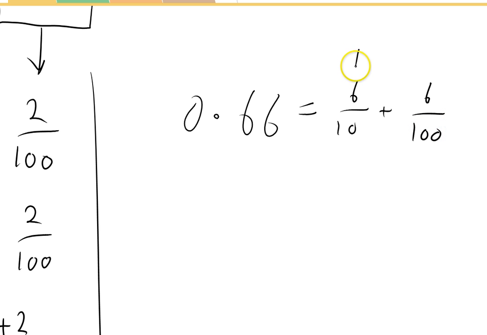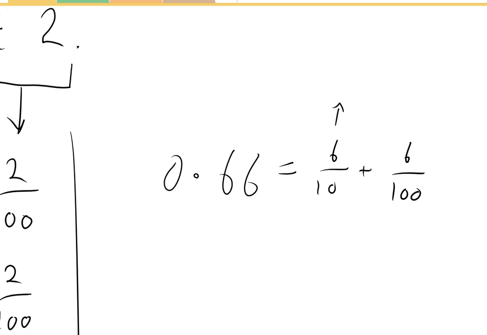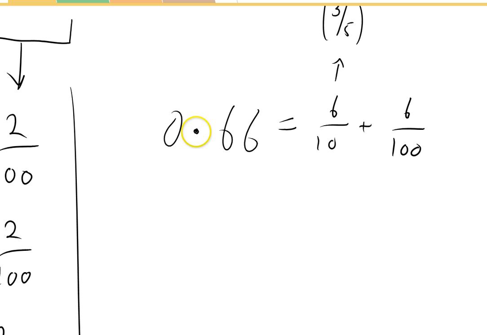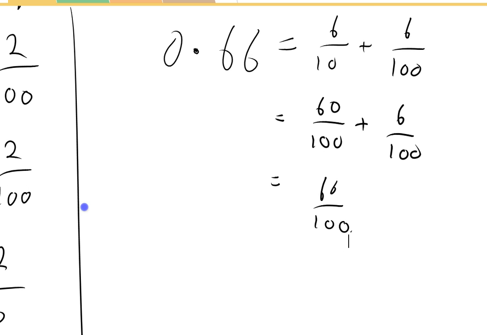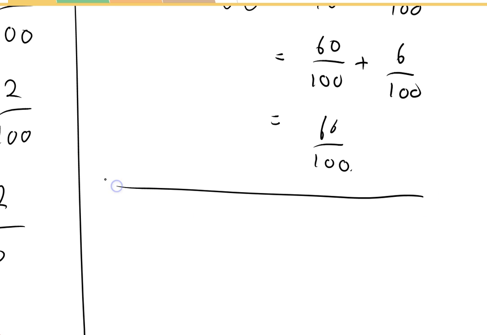Of course, if I wanted to, I could rewrite that as 3/5, but I don't really need to bother with that. That equals 60/100 plus 6/100. You see, all I'm doing is writing down the two terms together like that. Equals 66/100.